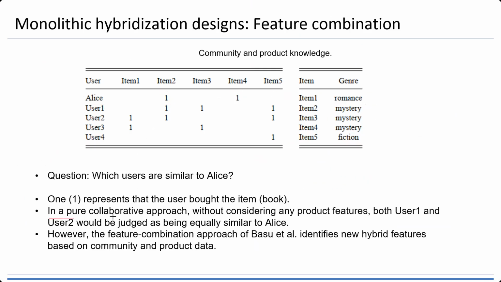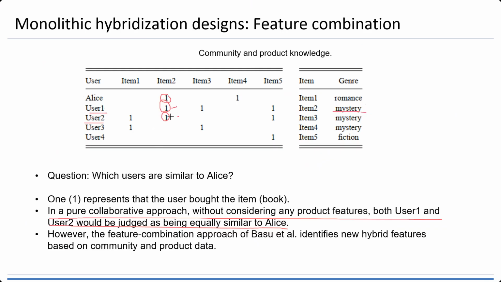So in the pure collaborative approach, without considering any product features, both user one and user two will be judged as equally similar to Alice. Let's see. User one, user two, we have one, we have one. It seems they are similar. Item two is about mystery.